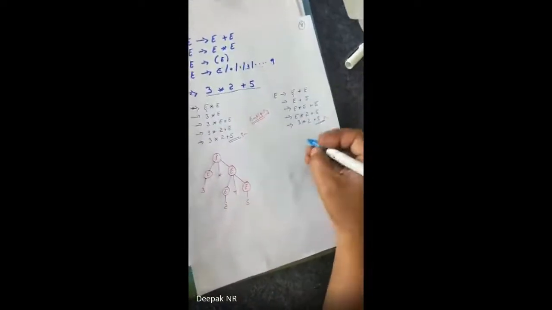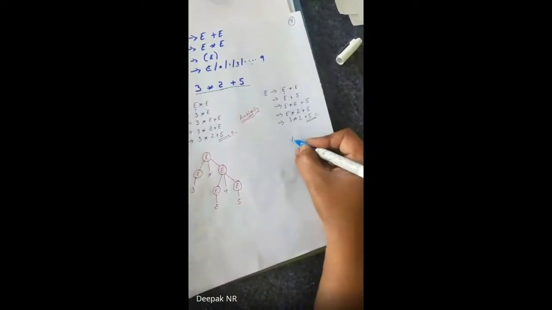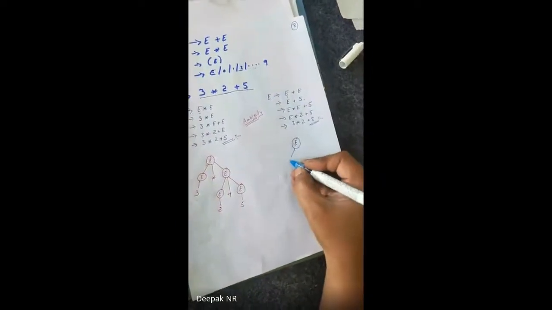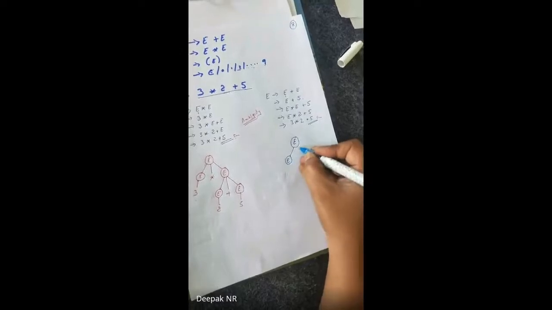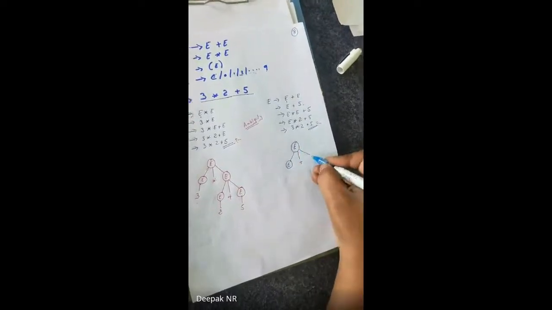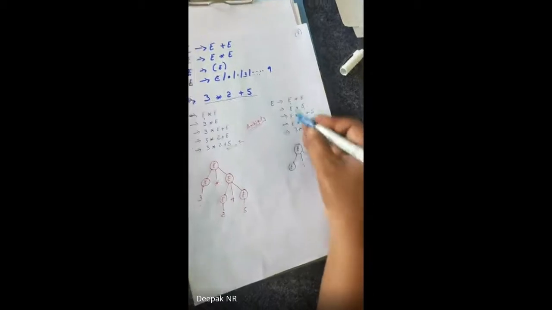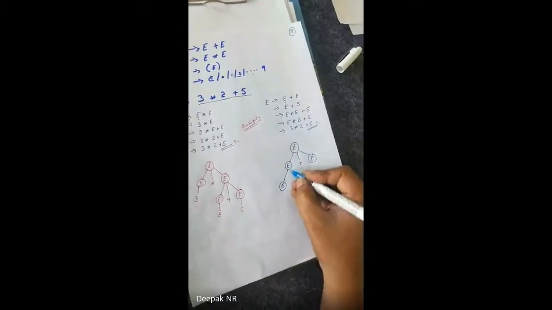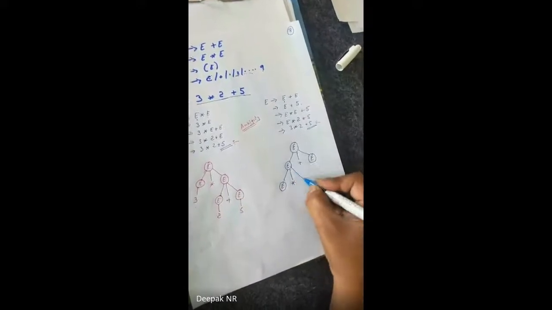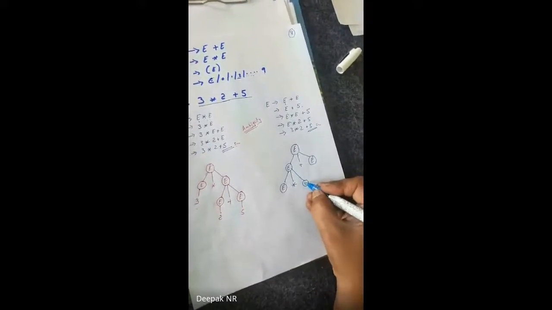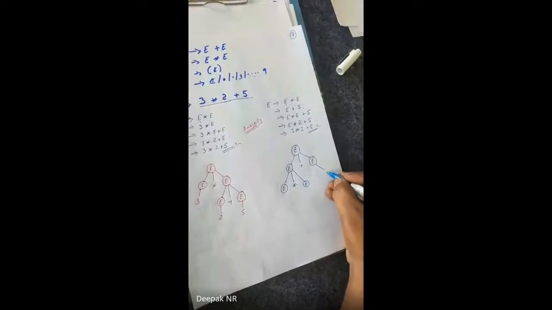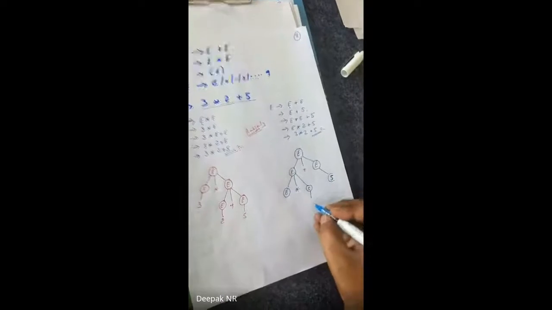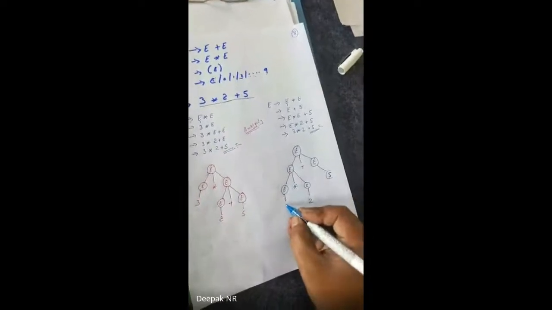Let me write the diagram for this. I take E as the root node. Here I will be using E plus E. This E value is again E star E. Now this value is 5, this value is 2, and this value I replace with 3.